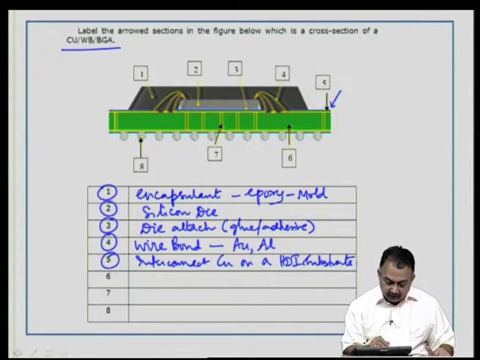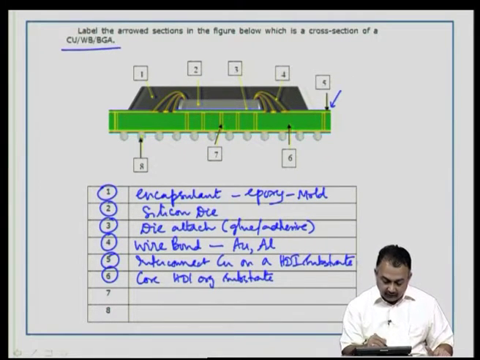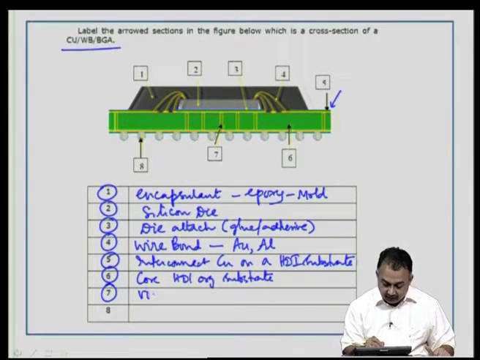The sixth item in this particular figure is the core of a HDI organic substrate. The seventh item here you see is basically the via interconnects or via connect structures that is generated on the HDI substrate.